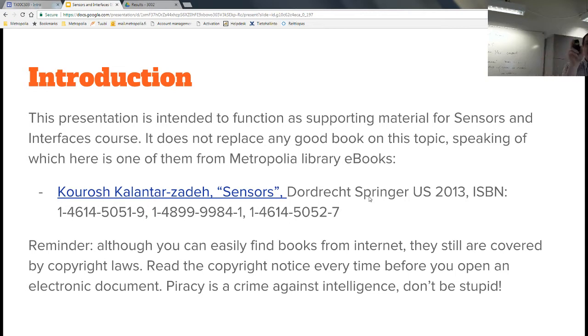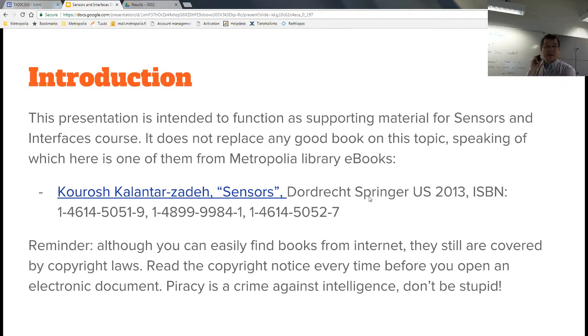But this one I found quite nice. I think the writer was, how funny it sounds, an engineer who can write. So it's very clear. It goes through the fundamentals, and basically it has everything needed if you want to know more about the sensors themselves.